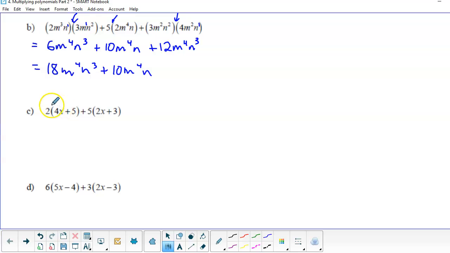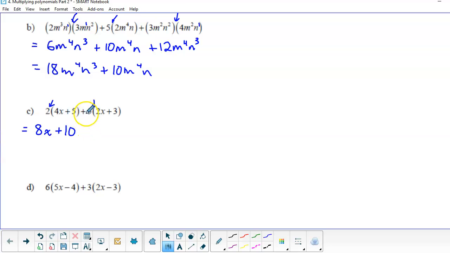Now we have a binomial times, so that's a multiplication there by 2. This is a multiplication, but then we add afterwards. So we have to multiply through, and basically that gets rid of the brackets. So 2 times 4, don't keep the brackets once you've done that multiplication, because then your signs are all correct.